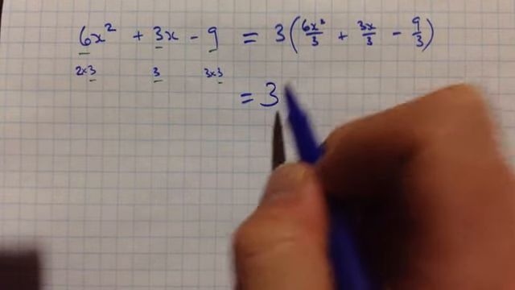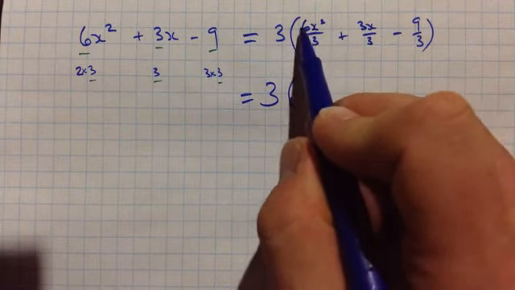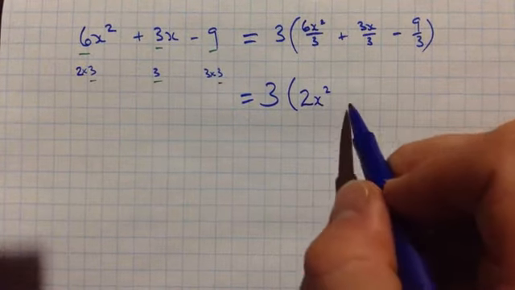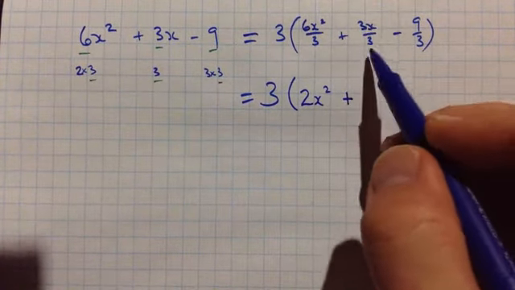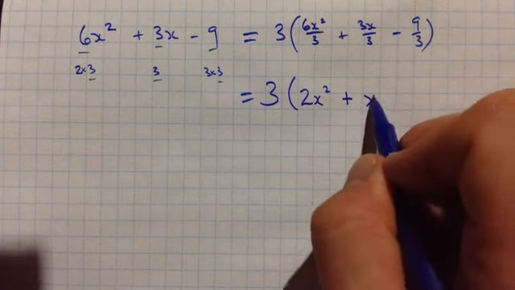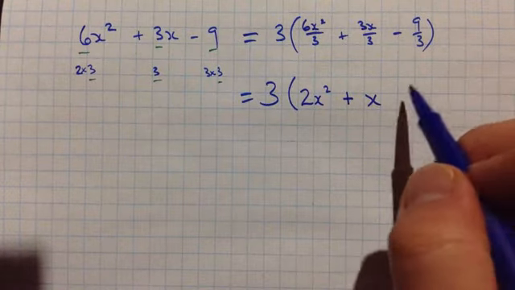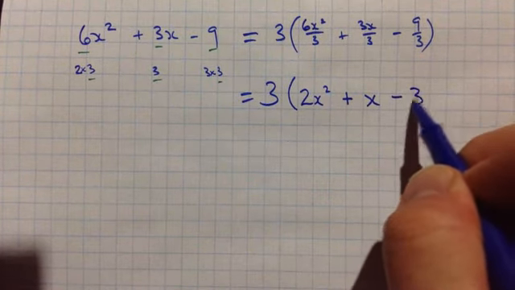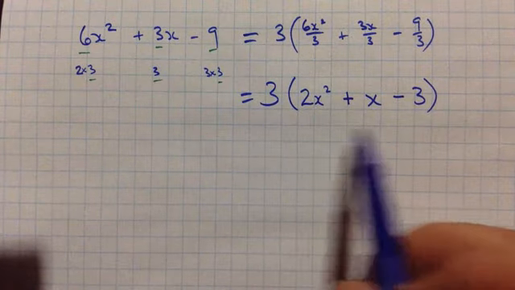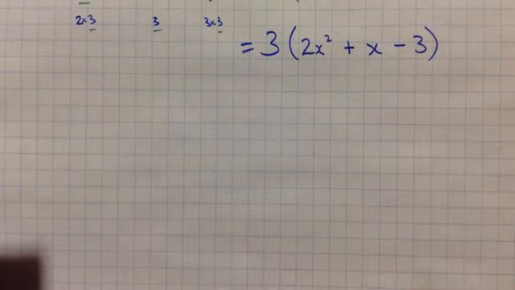So once again, we write the 3 out front. 6x squared divided by 3: 6 divided by 3 is 2, so that's 2x squared, plus 3x divided by 3. The 3's cancel, or 3 divided by 3 is 1. That leaves me with x. And here, 9 divided by 3 is 3, and that's a negative. So there's the common factor 3 divided out of my larger expression. I'm left with this simpler expression to work with.